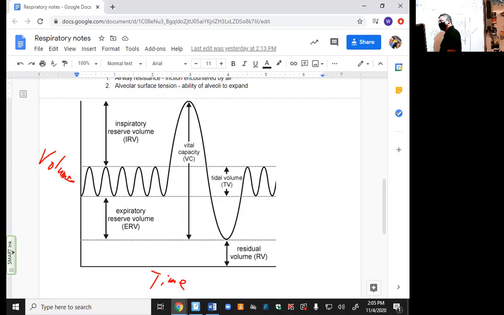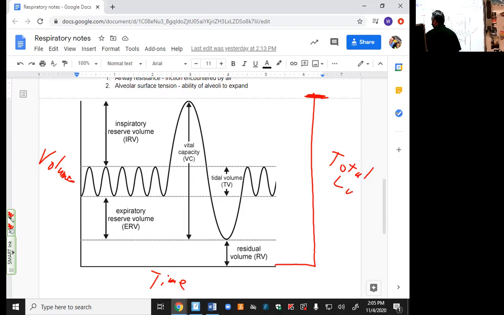And this person was able to return to normal breathing with no problem. So you definitely need to know these terms. Vital capacity is all of the air that you could breathe for life. There's actually another one that's not up here, which is total lung capacity, from zero to the top, which would just be all the air that you can hold.